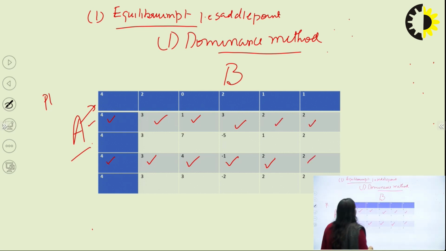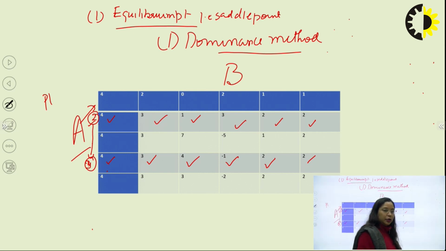We have to compare 2 rows. If, for example, the second row is dominating the third row, then the row which has been dominated will be deleted.